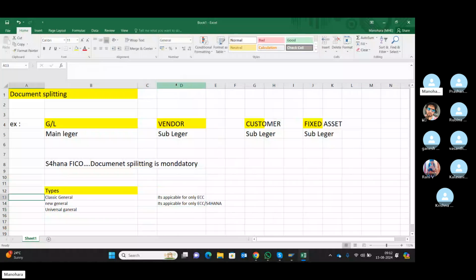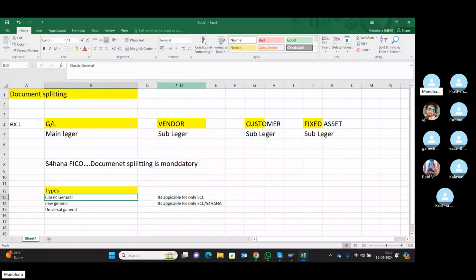How will you identify the classic GL and new GL? For example, your existing company is using ECC, right? How will you know which GL the client is using, classic GL or new GL?